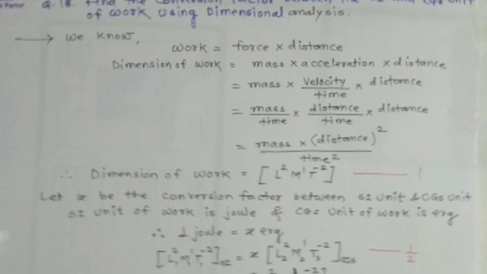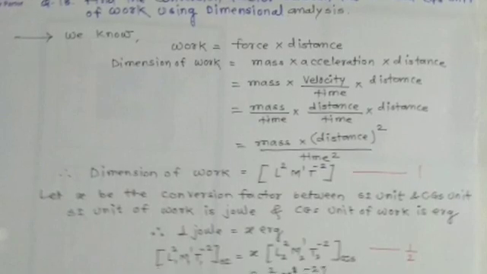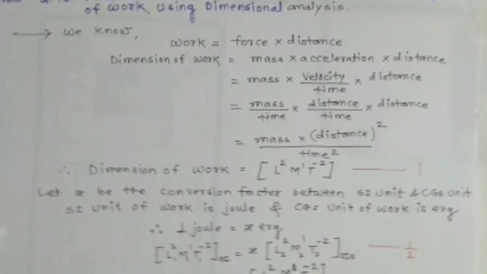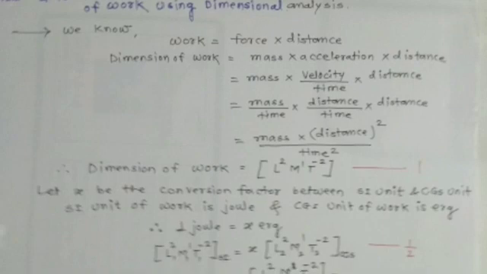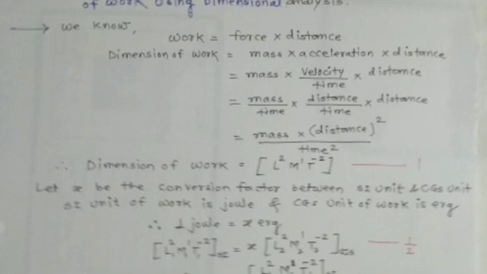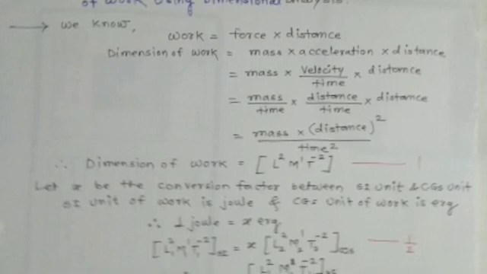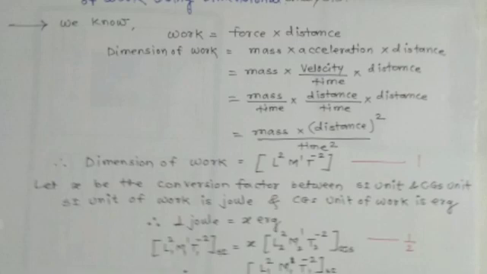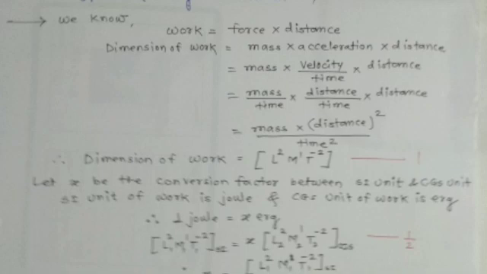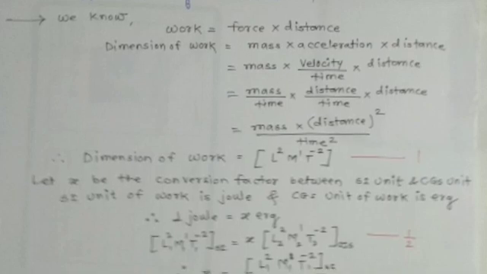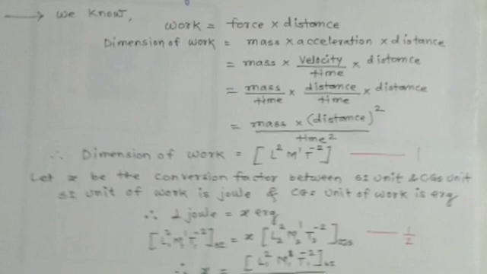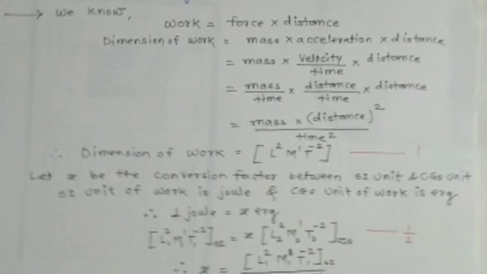So work equals force multiplied by distance, which is equal to mass multiplied by acceleration multiplied by distance, which is equal to mass multiplied by velocity upon time multiplied by distance. So work is equal to mass multiplied by distance upon time multiplied by distance upon time, which is equal to mass into distance square upon time square. So the dimension of work is [L^2 M^1 T^-2].